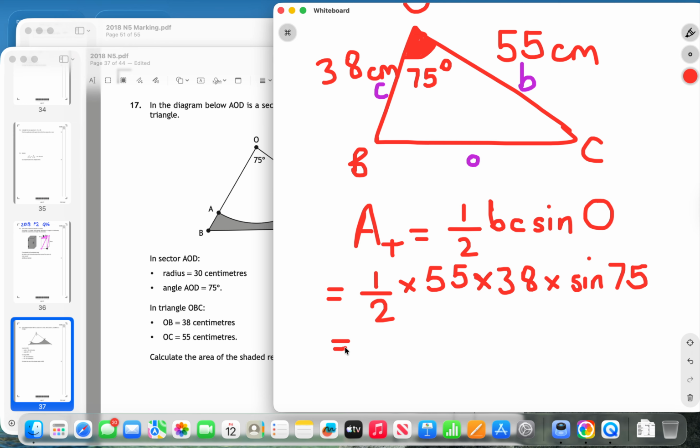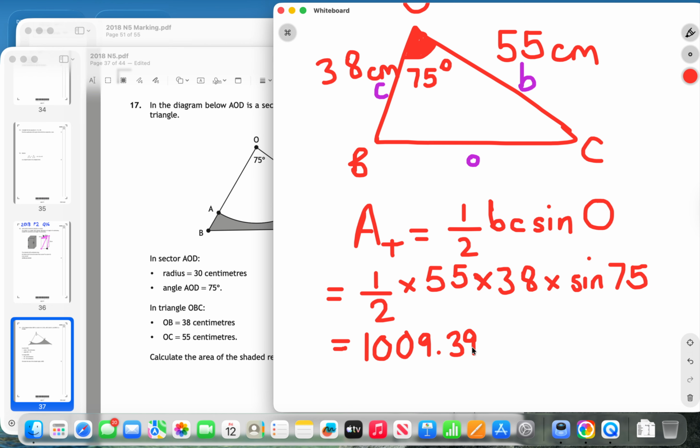And you want to plug this into the calculator, and remember to use degrees, not radians. You shouldn't use radians at all until you get to Higher, because it will give you the wrong answer in any trigonometry related questions. And do not round too early because it will mess up the final answer.